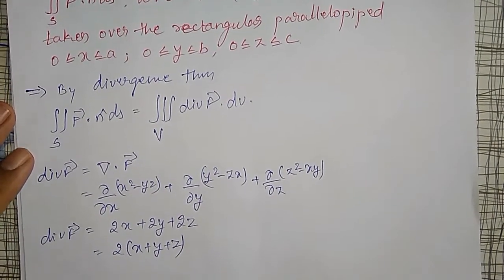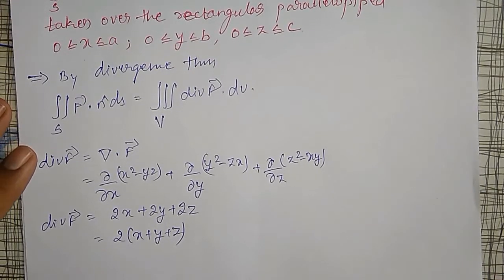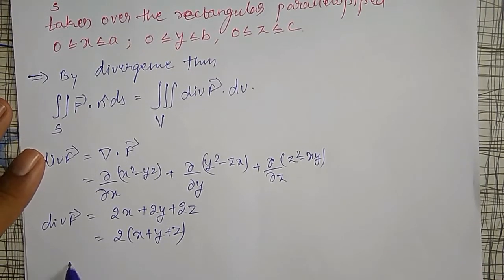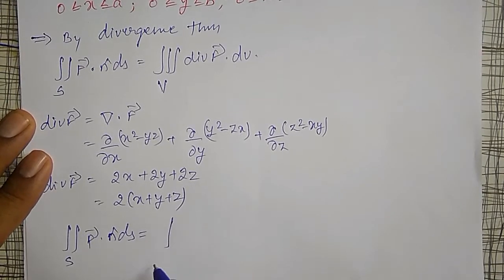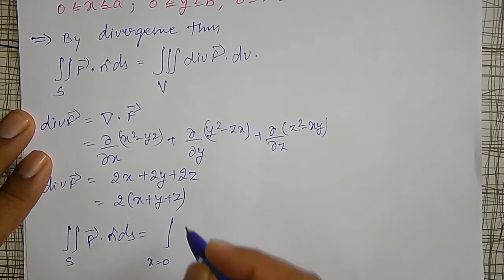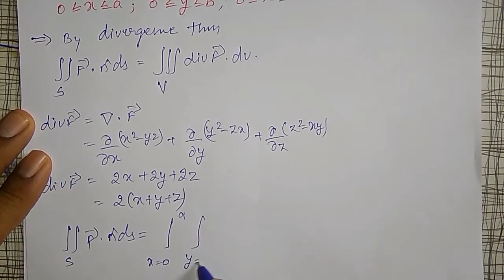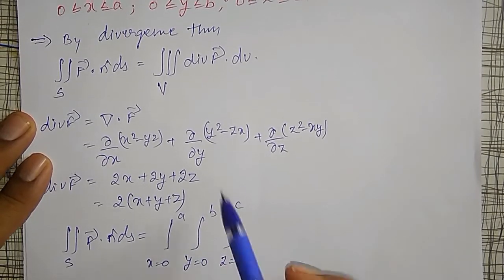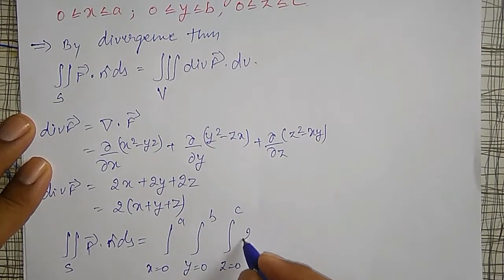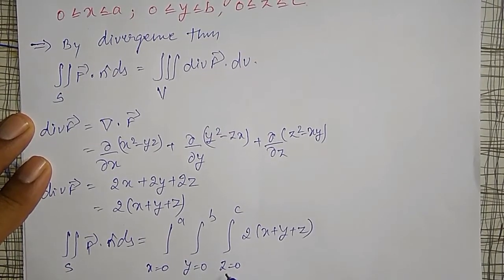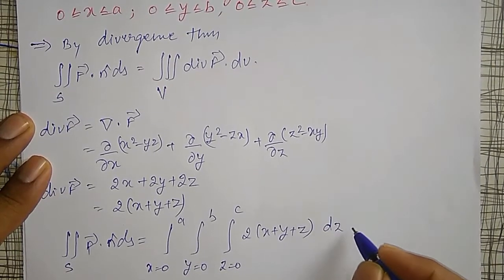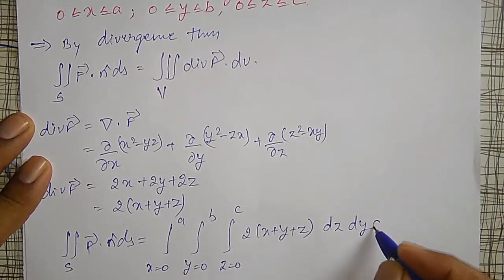Okay, here that triple integration is equal to, therefore, the double integration over a surface S of F dot n cap dS is equal to, as x varies from 0 to a, y varies from 0 to b, and z varies from 0 to c, divergence of F, that is 2 times (x plus y plus z), into, I have to integrate first with respect to z, dz, dy, then with respect to dx.